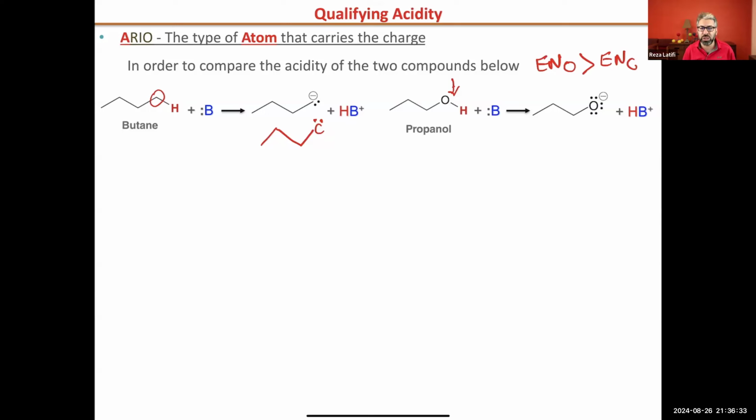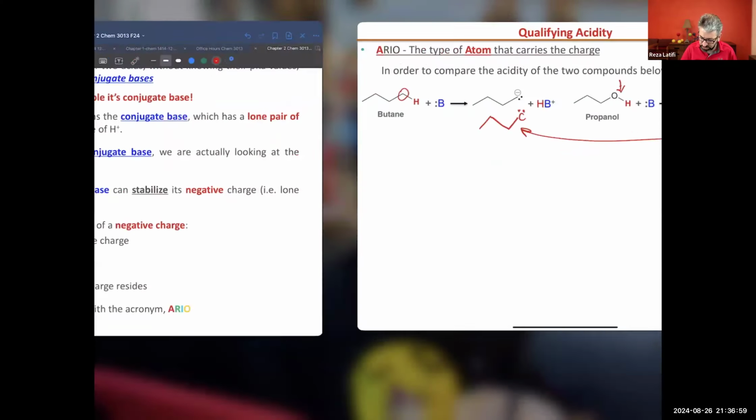Carbon will not be happy with a negative charge. Oxygen got the extra one, and because of electronegativity, it will be more stable than the carbon one. That means propanol will be a stronger acid than butane. I want to remind you of a couple of things.